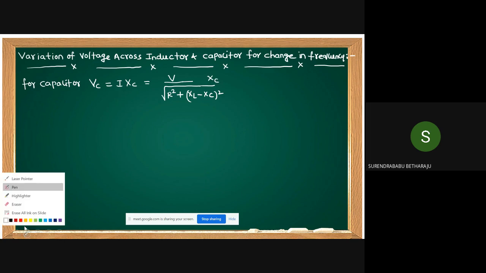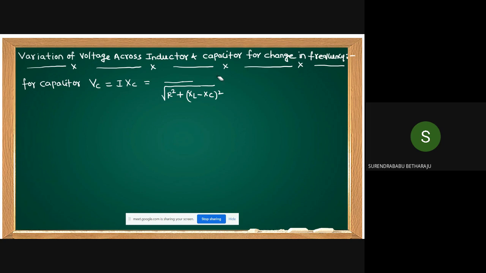So Vc equals V by square root of R square plus (XL minus XC) whole square, into XC. This is not at resonance condition, this is in a series RLC circuit. Now I want the frequency at which the maximum voltage appears across the capacitor.